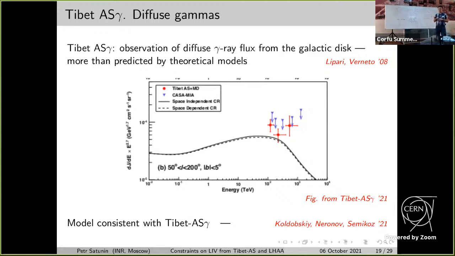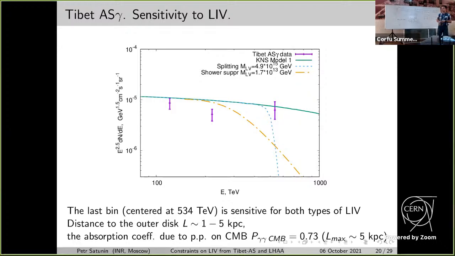But theoretical models may depend on some factors, and a month after that, some people, including Koldovsky and Aharonian, suggested some models of this diffuse gamma ray flux which are consistent with Tibet-ASgamma data. We use these data points from Tibet and the prediction from theoretical models. In order to make very conservative constraints, we use the maximal theoretical model.